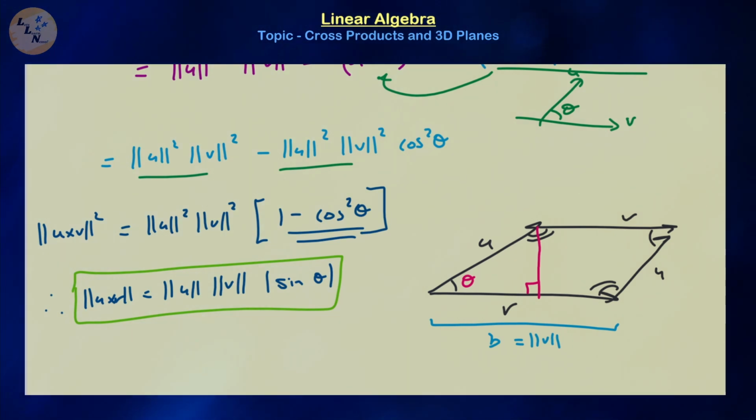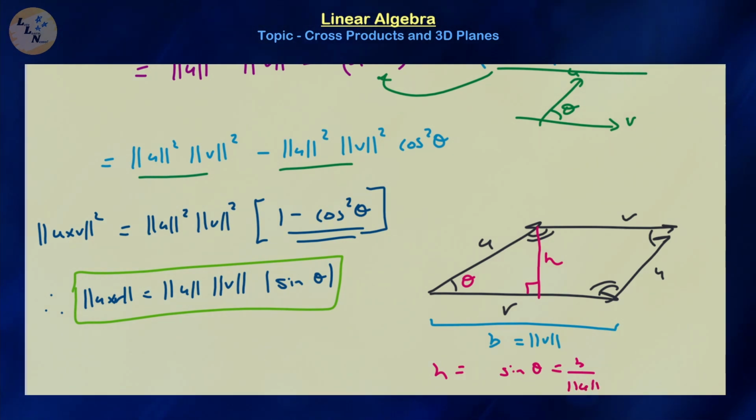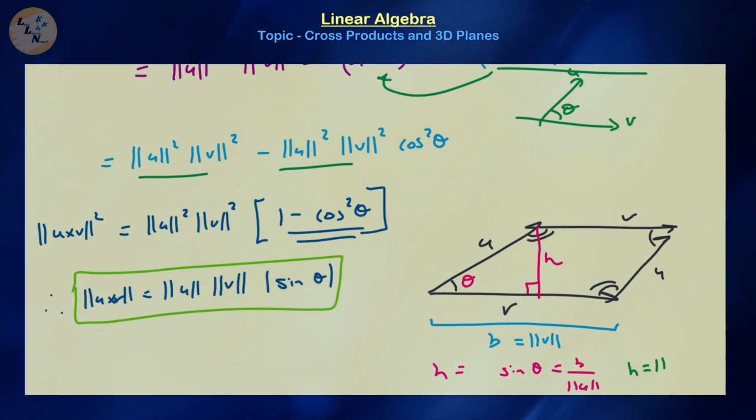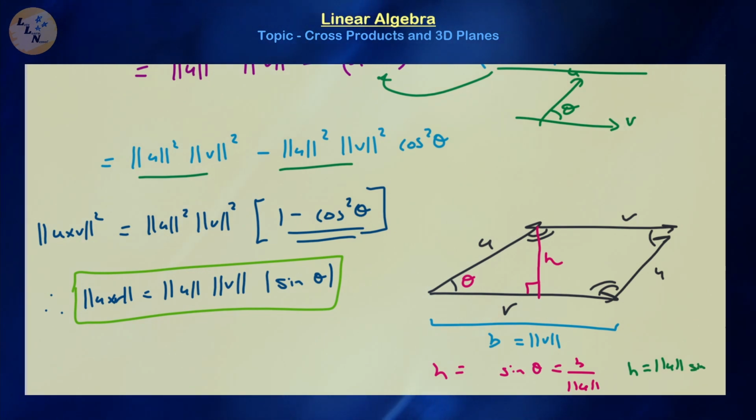The height, which I'll call h: the sine of theta is equal to the opposite over the hypotenuse of that triangle, which has hypotenuse the norm of u. So the height of this parallelogram is equal to the norm of u times the sine of theta.